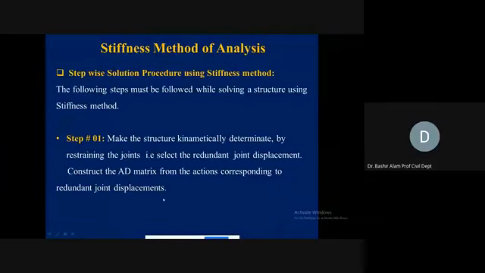There we find the AD corresponding to the AR, and the DRS corresponding to the redundant action. Here we find AD corresponding to the displaceable joints, the unknown joint displacements. So AD will directly come from your displaceable joints. These will be the actions.